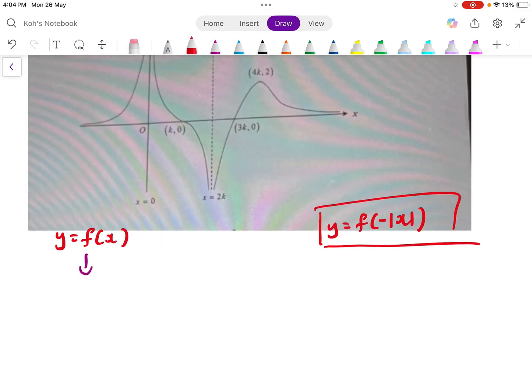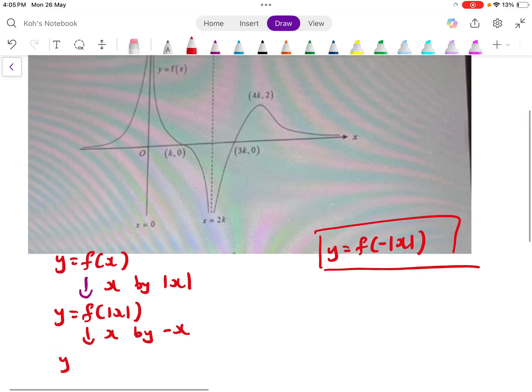So first, we use y equal to f(x), then after that, we use y equal to f(mod x). Also, I replace x by mod x. Of course, the next thing I replace the x by negative x.